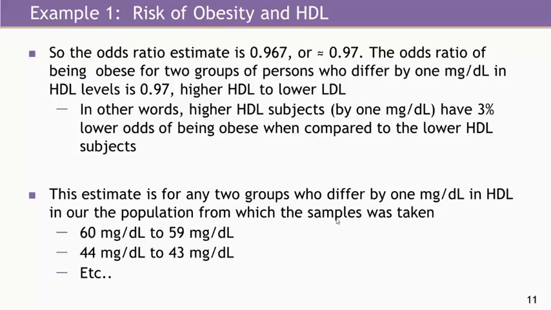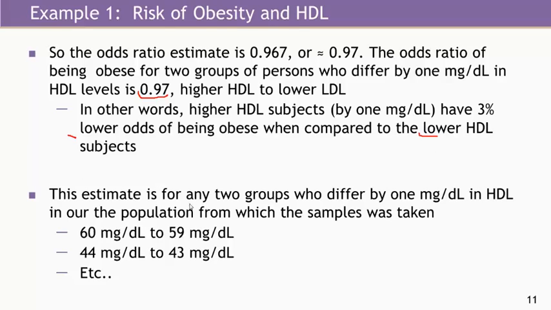So this suggests that the odds ratio of being obese for two groups of persons who differ by 1 milligram per deciliter in HDL levels is 0.97 for the higher HDL group to the lower. In other words, higher HDL subjects by 1 milligram per deciliter have 3% lower odds of being obese when compared to the lower group.